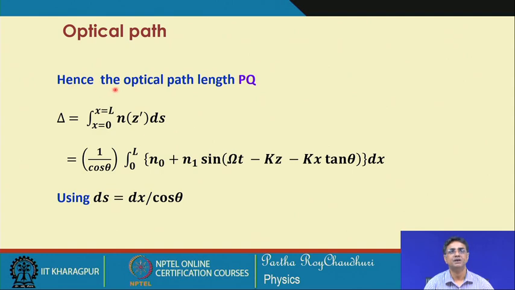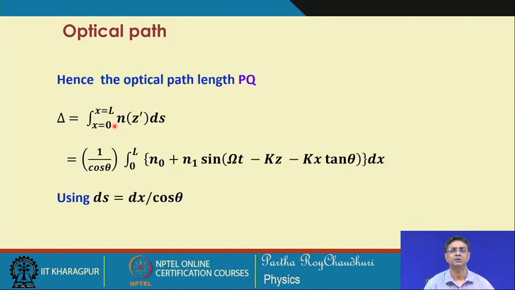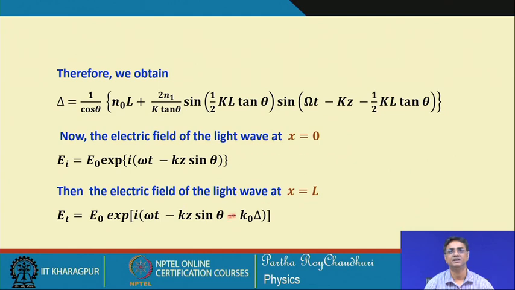Hence the optical path from x equal to 0 to x equal to L, the integrated change in the refractive index, and hence the cumulative phase change, you can write in this form: n0, n1, and then if you do this integration, where ds equal to dx by cosine theta, that is the distance.